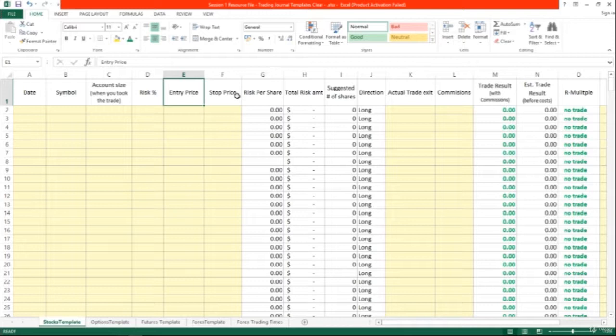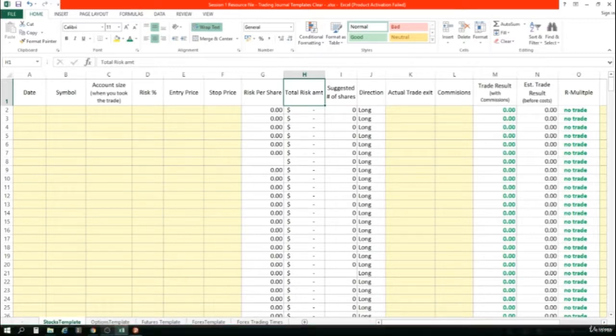If it moves against you and hits the stop price, how much you are willing to lose is how much risk you are willing to take. The number will be shown here in total risk amount. In a minute I will show you how we can use this trading journal template.